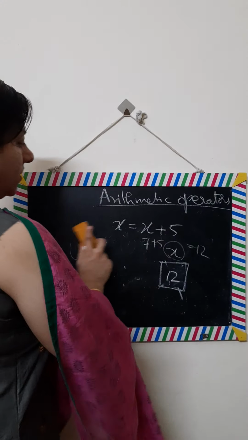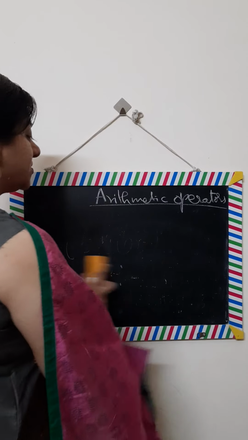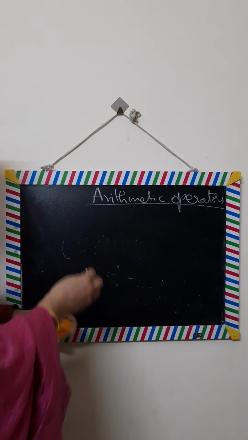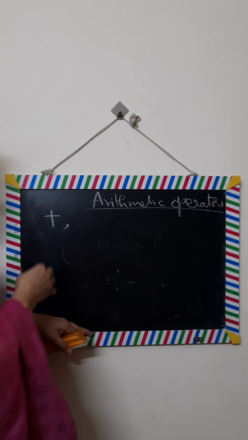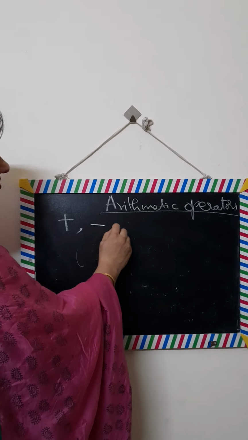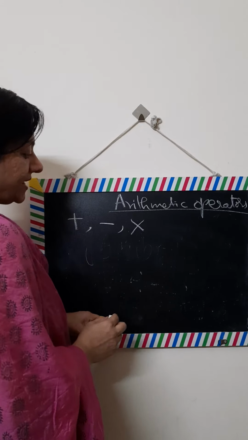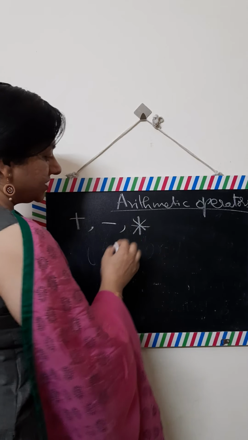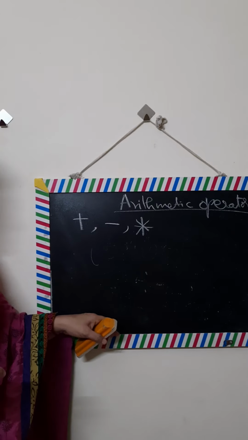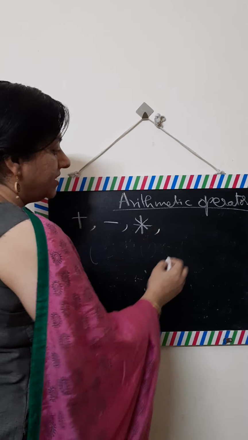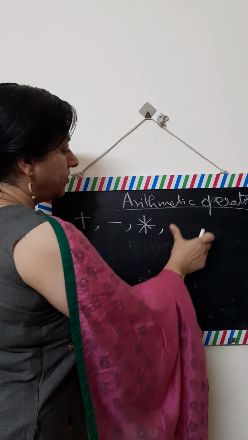Okay. Now I'll quickly take you through the different operators. You have plus operator, you all know what is plus. Minus operator, you know minus. Instead of x, I am going to make it an asterisk. This is going to be your multiplication. And instead of this divide symbol, I am going to have a slash.